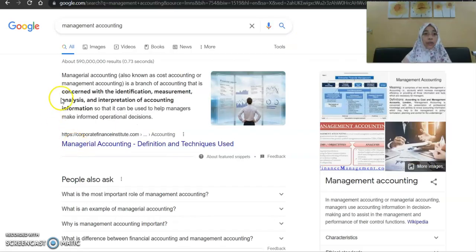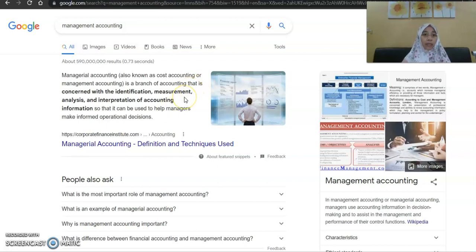Management accounting or managerial accounting is a branch of accounting that is concerned with the identification, measurement, analysis, and interpretation of accounting information so that it can be used to help managers make informed operational decisions. So that means, based on the information that you have provided, you have conducted all the calculations to identify the material costs, the labor costs, and so on.